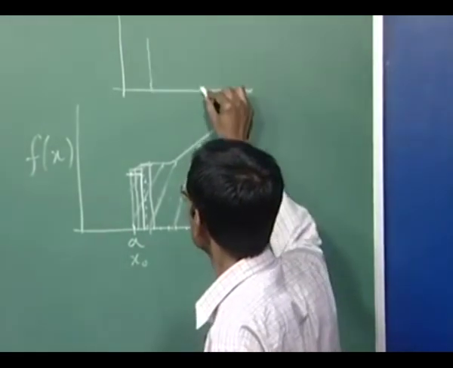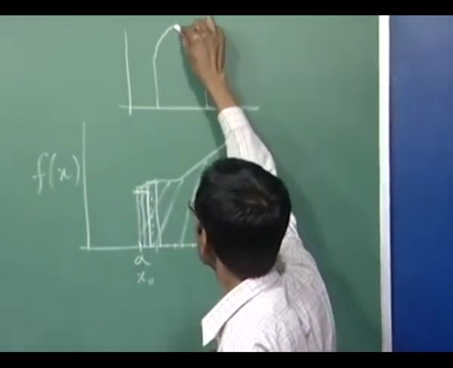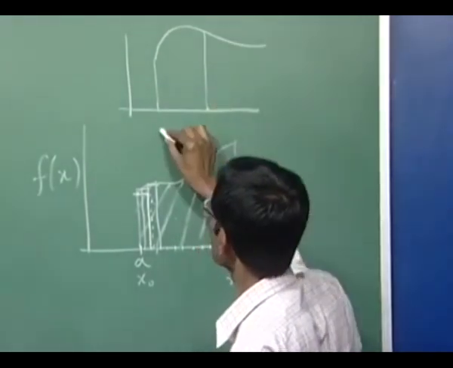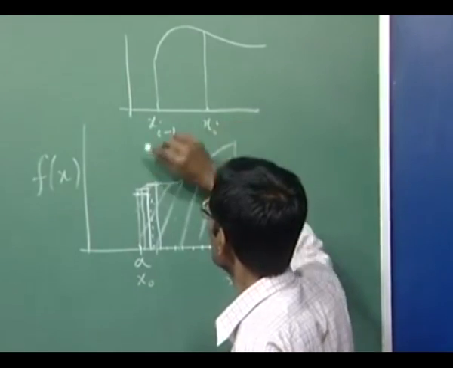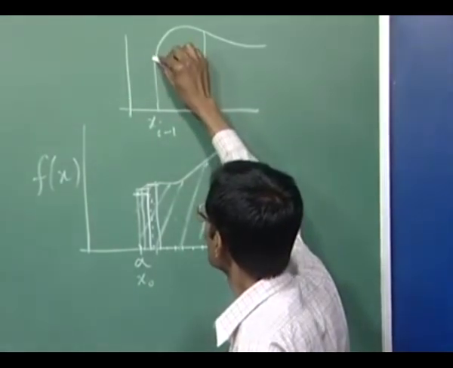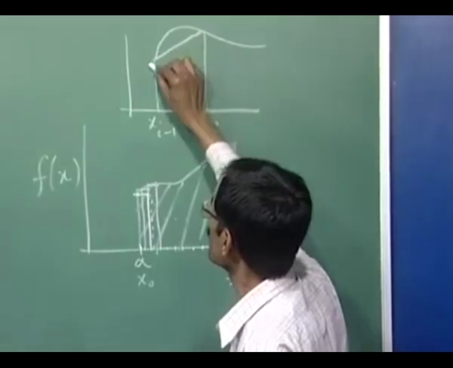So, whatever is the function, like this. So, if this is one interval, then the next rule is the trapezoidal rule, which makes a linear interpolation between these two.